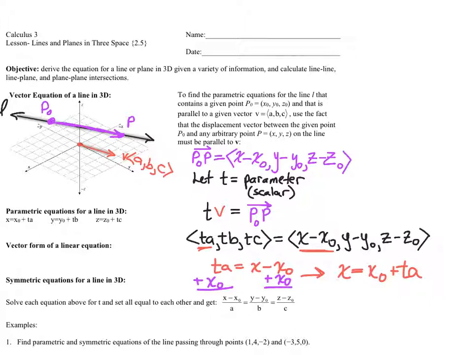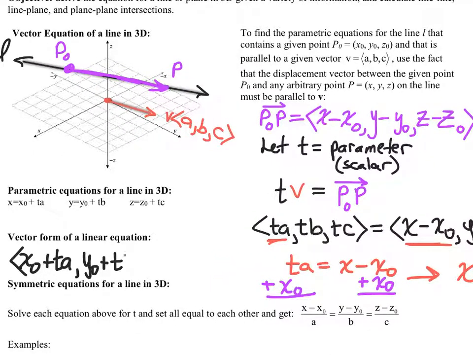So the vector form of a linear equation actually ends up being the three components put together: X sub O plus TA, comma, Y sub O plus TB, comma, Z sub O plus TC.